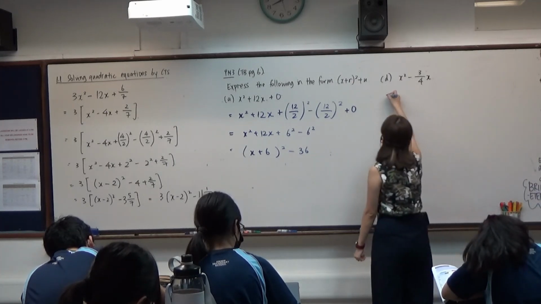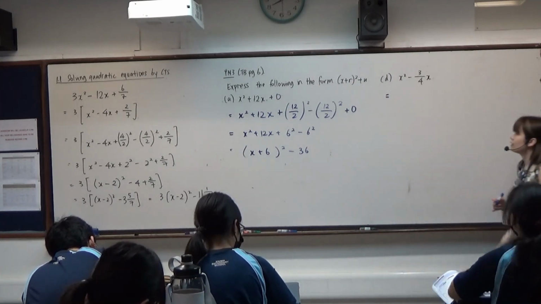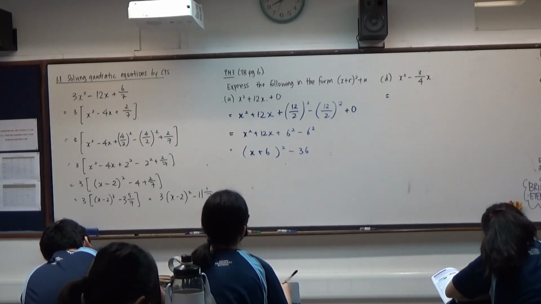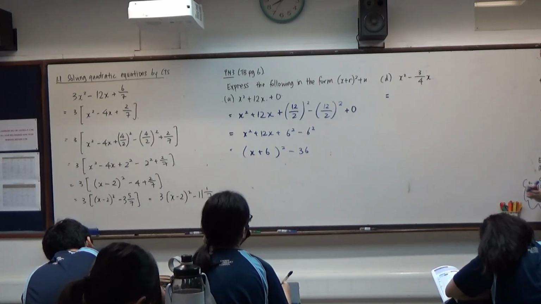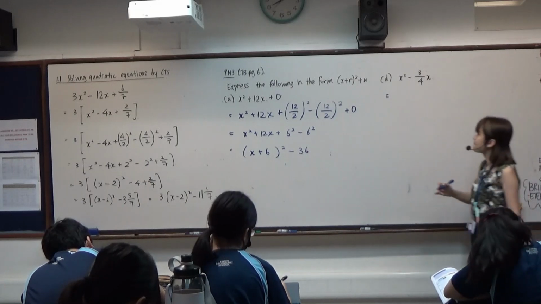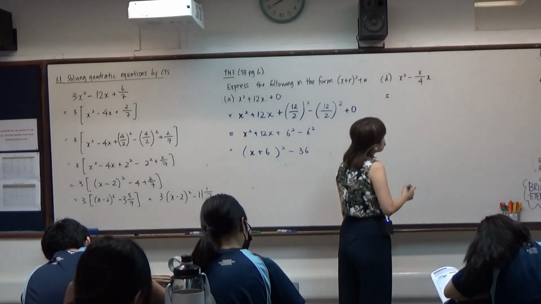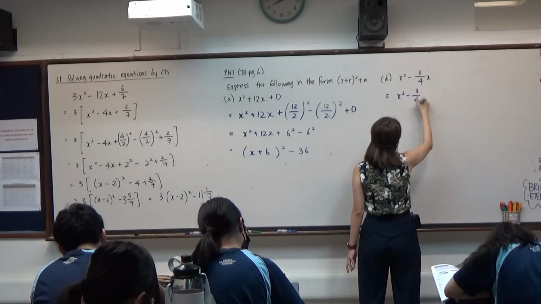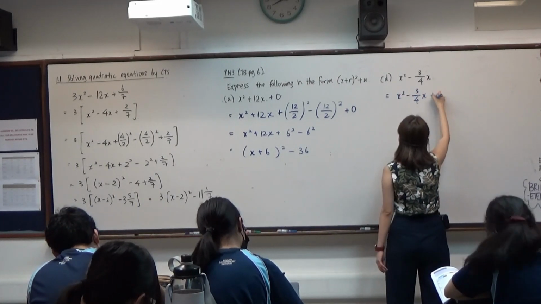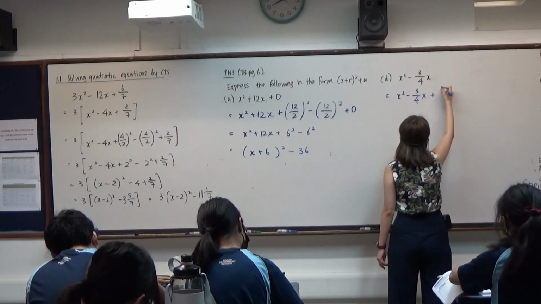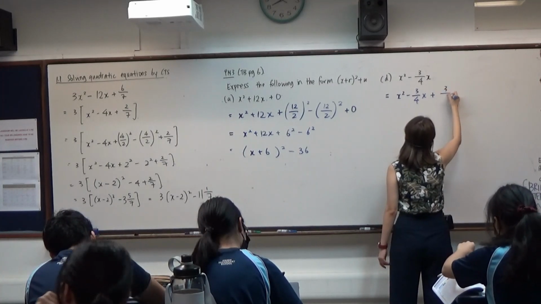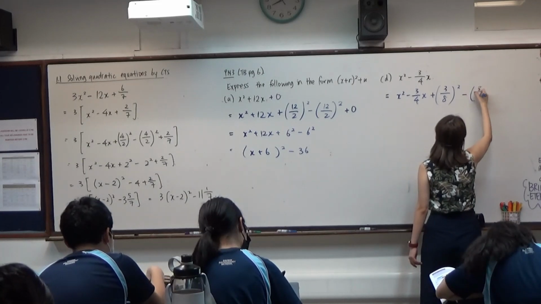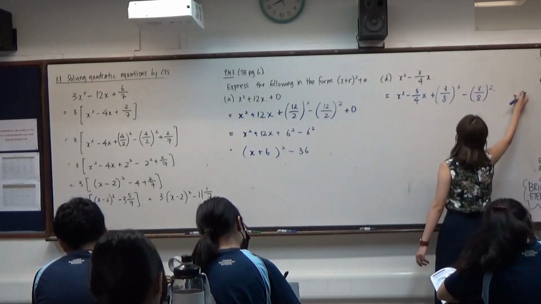So how do we go about doing our completing the square? Maybe Isaac, if you want to give this a try. I think x squared minus 3 over 4x plus 3 over 8, and then squared, and then minus 3 over 8 squared. Great, good.